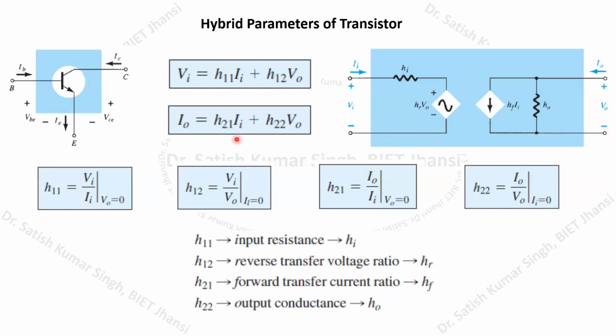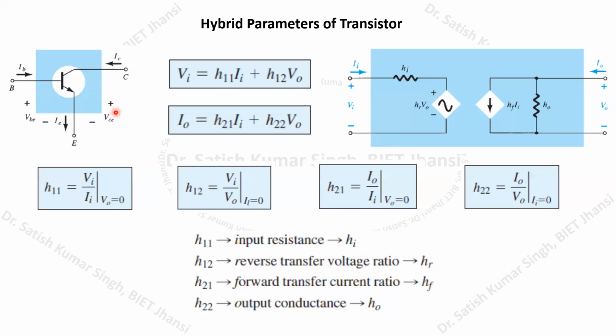Normally this is the basic expression of any hybrid network. If we have any two-port network, its equivalent hybrid parameters will be given by these particular equations. We have four different quantities: input current and input voltage, and output voltage and output current.